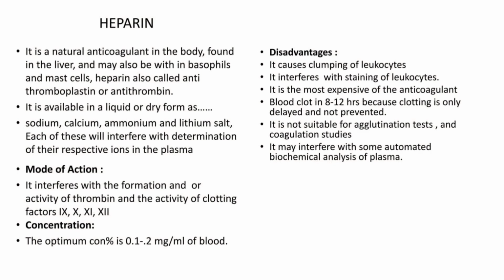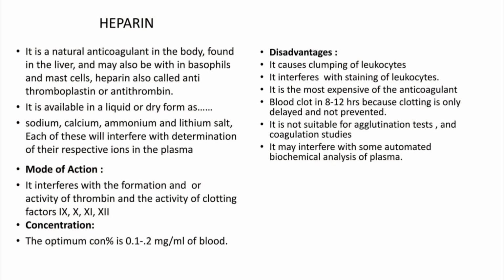It is available in liquid or dry form as sodium, calcium, ammonium, and lithium salts, each of which will interfere with the demonstration of their respective ions in the plasma. Its mode of action: it interferes with the formation and activity of thrombin and the activity of clotting factors like 9th, 10th, 11th, and 12th.